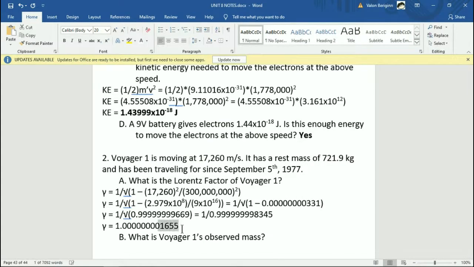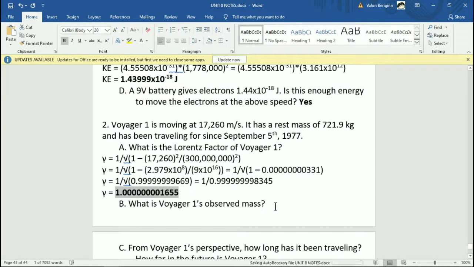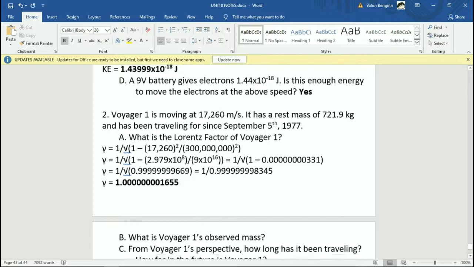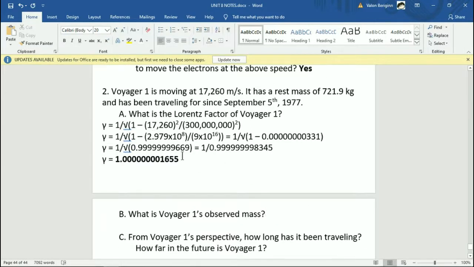All right, there is our Lorentz factor for Voyager 1. What is Voyager 1's observed mass? So again, just like up there, we're now solving for m prime.